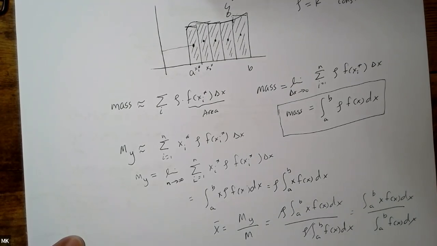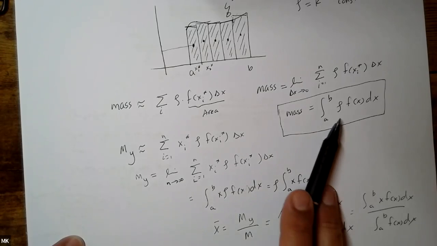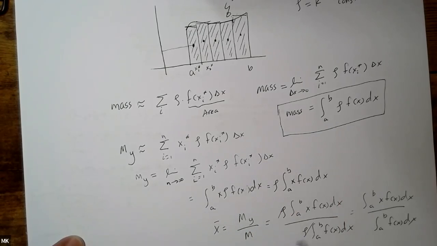We end up with this. Relatively straightforward calculations. It does help that rho is a constant, because then you can pull it out and cancel it. If rho was not a constant, you couldn't do that, and this setup wouldn't work very well for that.